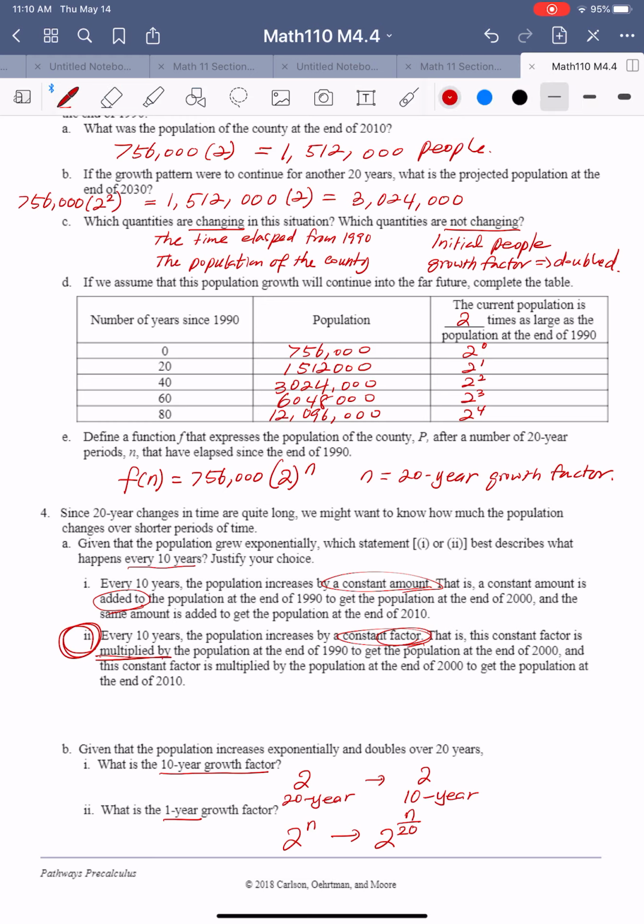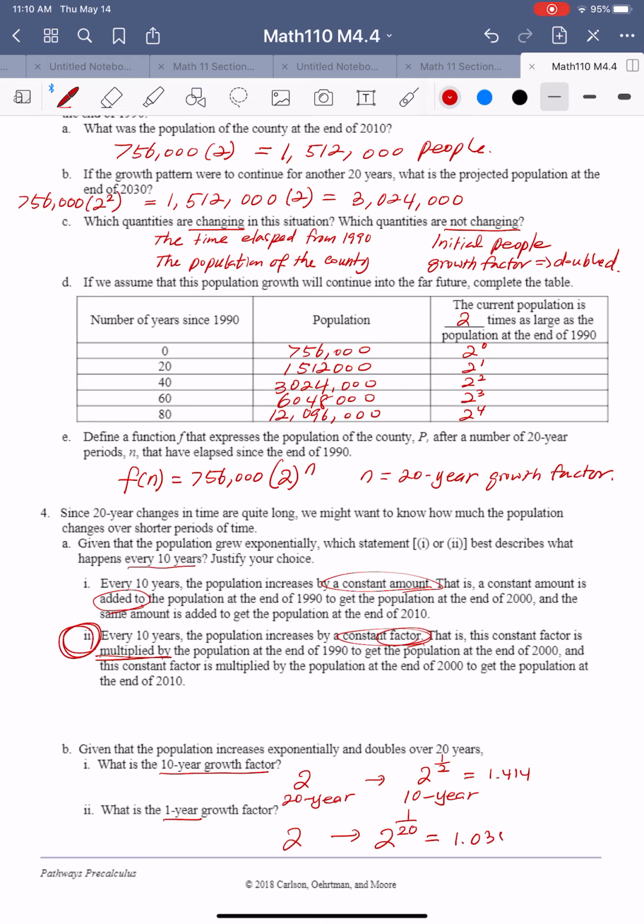So you can just make it 1/20, because we're just talking about growth factors. So 2 to the 1/2 power is about 1.414. And 2 to the 1/20 is about 1.03526, okay?